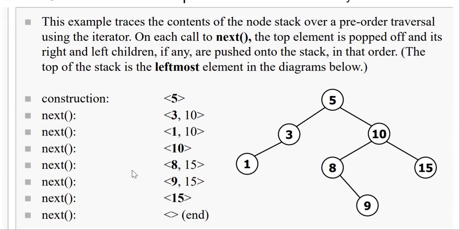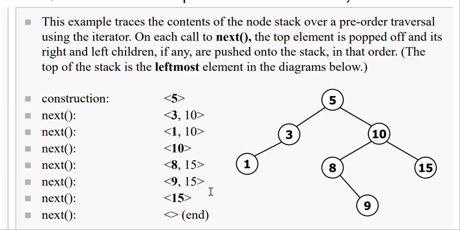Here, considering the root node, 8 is greater than the root, so we move to the right side. Then we check under the range of 10: 8 is less than 10, so it moves to the left side, and 15 is greater, so it goes to the right.